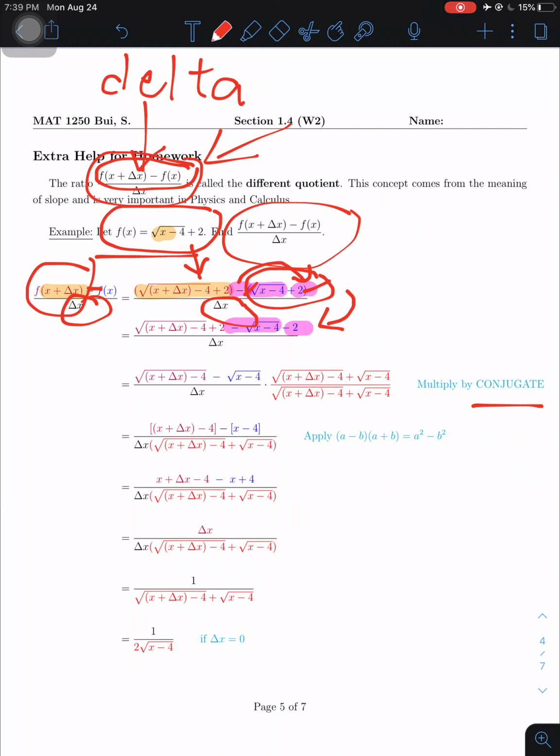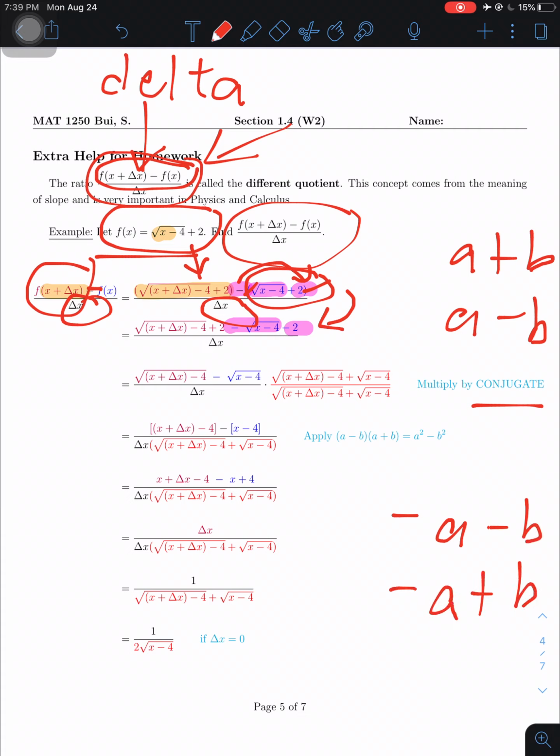What does conjugate mean? It means that if I give you something like a plus b, the conjugate of it is a minus b. Another example, if I give you something like negative a minus b, the conjugate of this is negative a plus b. Notice that for a conjugate, we only change the sign between.